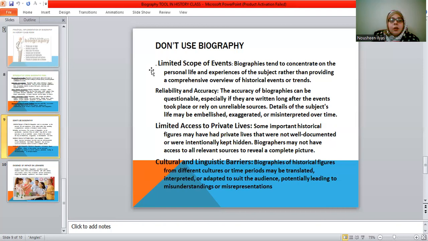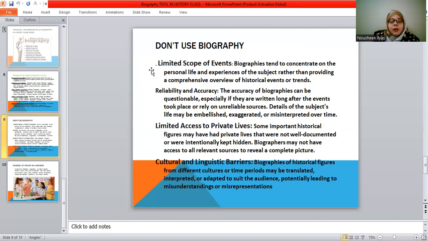Sometimes that event or that person's life is exaggerated and misinterpreted. So don't use it unless you got it from a reliable source, or for a person on whom the documentation was written after a long time.